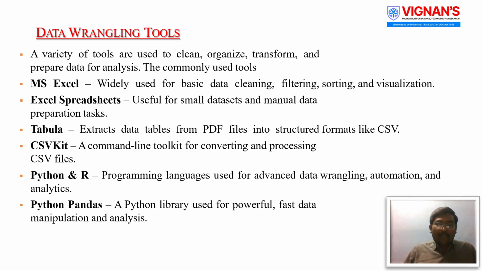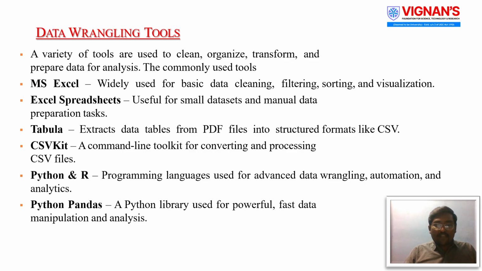Microsoft Excel is widely used for basic data cleaning operations such as filtering, sorting, and simple visualization. Excel spreadsheets are especially useful for small datasets and manual data preparation tasks. Tabula is a specialized tool to extract data tables from PDF files and convert them into a structured format such as CSV.